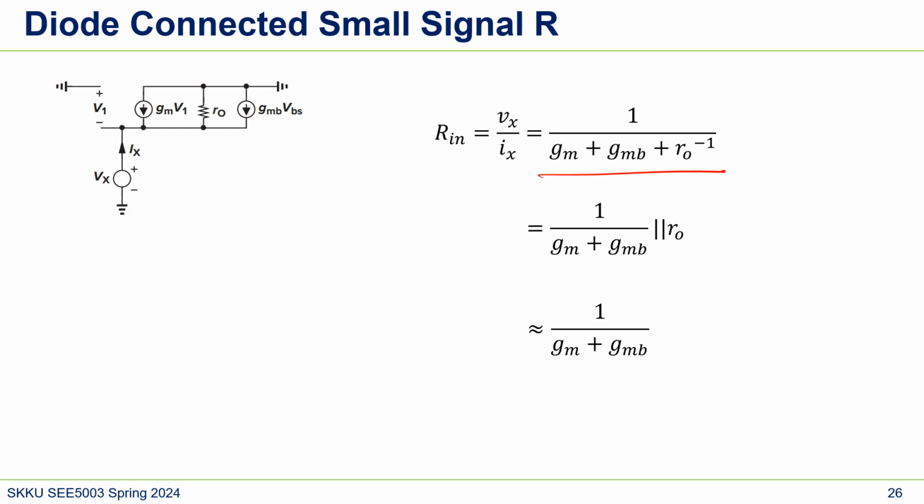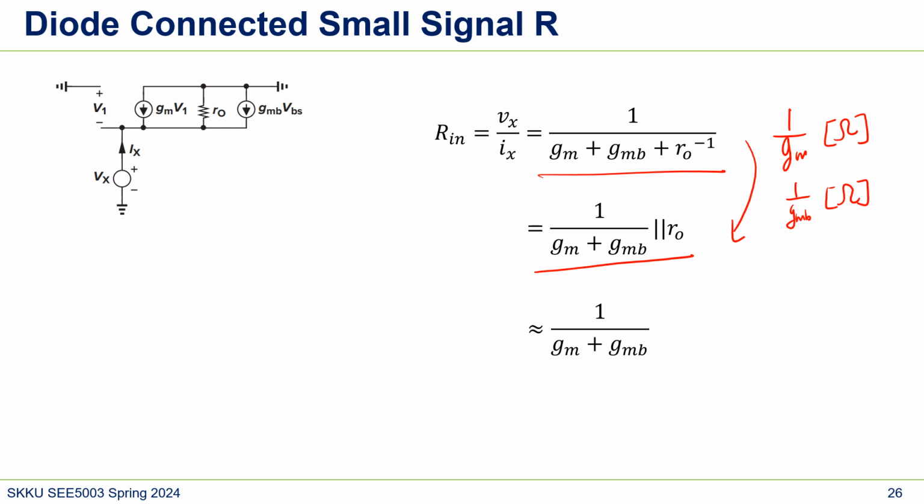And actually we can represent it like this. This is a very useful form. 1 over GM is resistance, and 1 over GMB is also resistance.